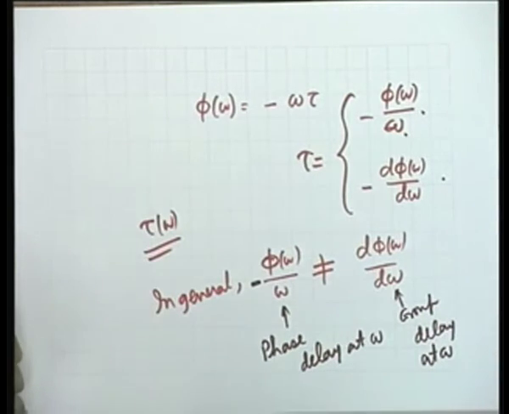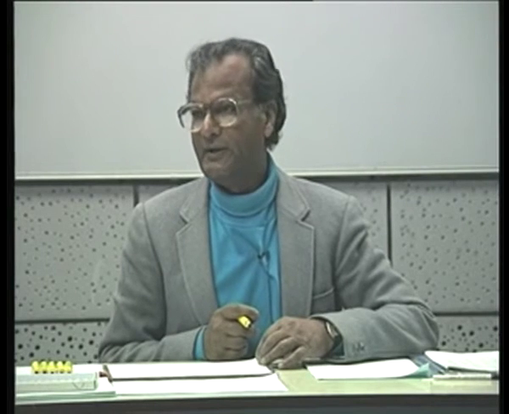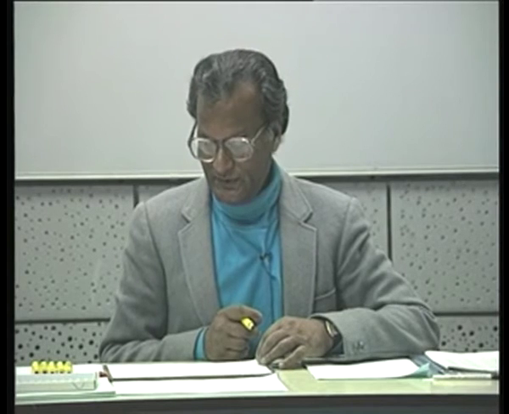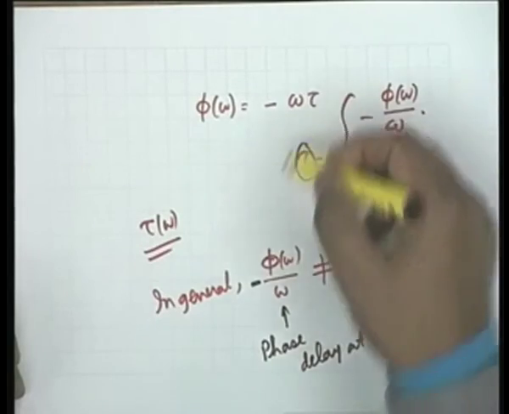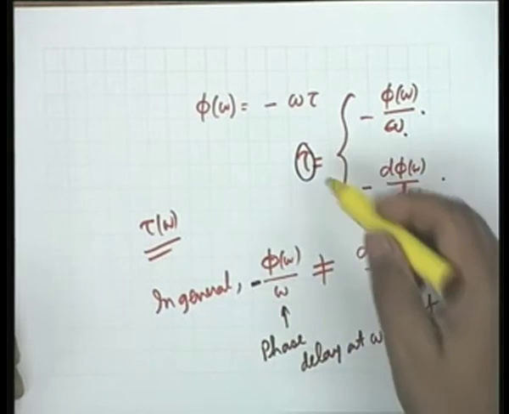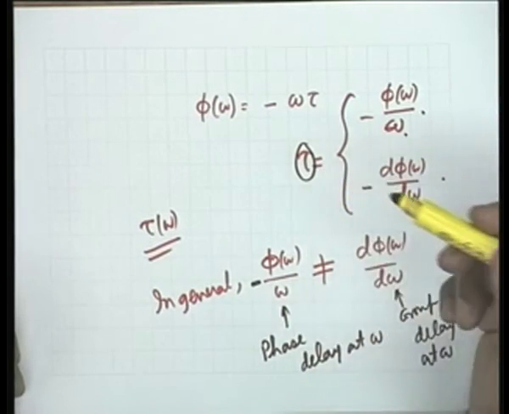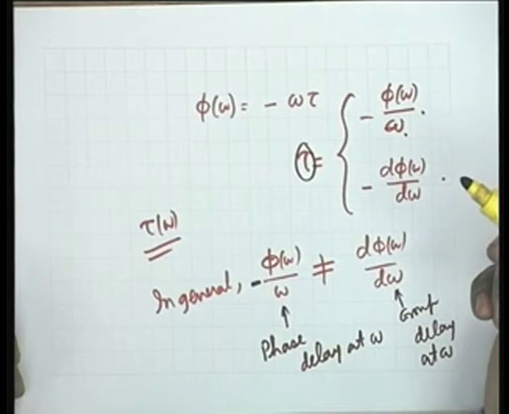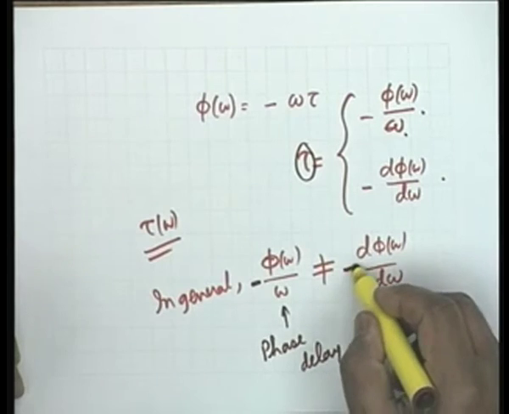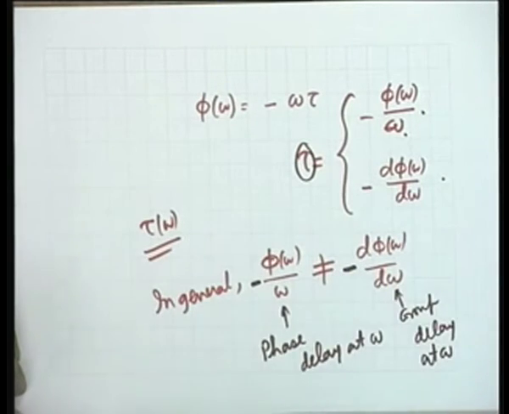You shall encounter these two terms once again in electromagnetic theory, EM theory. Why a negative sign? Because delay tau has to be positive. You cannot advance a frequency. Pardon me? On the other side also, yes. Thank you. Oh, that was the mistake.